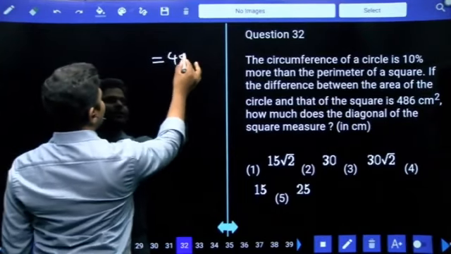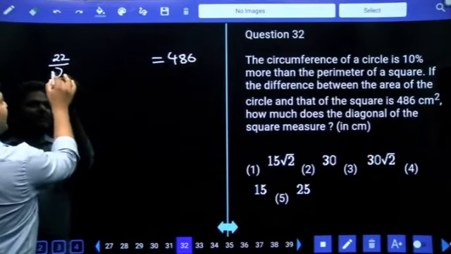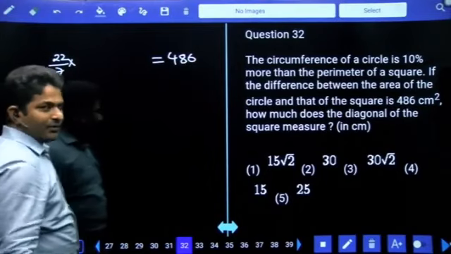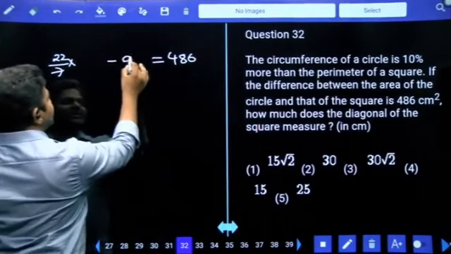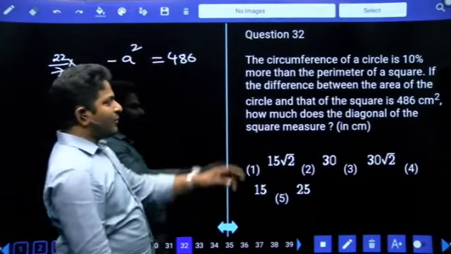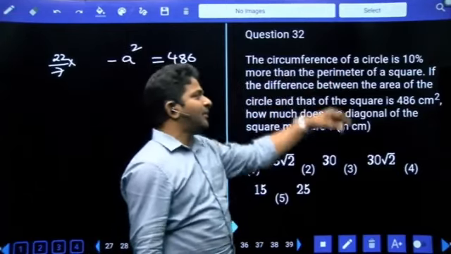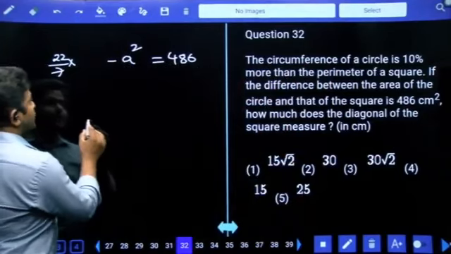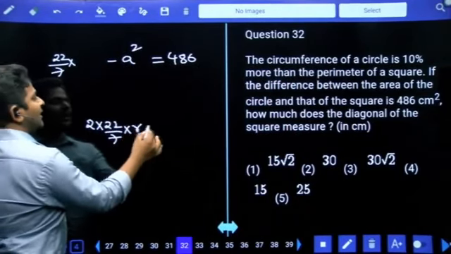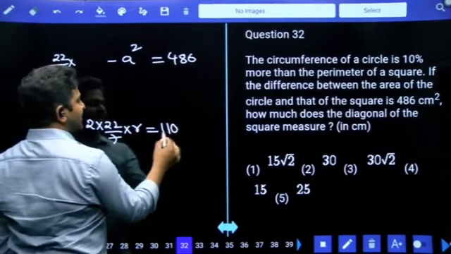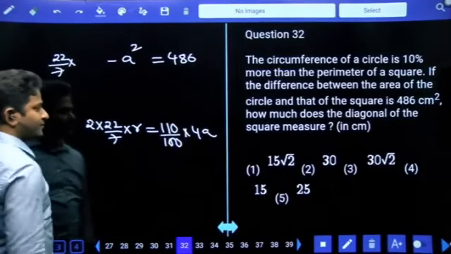So that is equal to circle area pi r square, which is 22 by 7 into r square, minus square area, that is a square. Now they said the circumference of the circle is 10% more than the perimeter of the square. Circumference 2 pi r, 2 into 22 by 7 into r is equal to 10% more, in the sense 110% of the perimeter of the square.